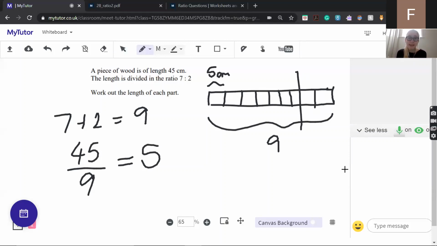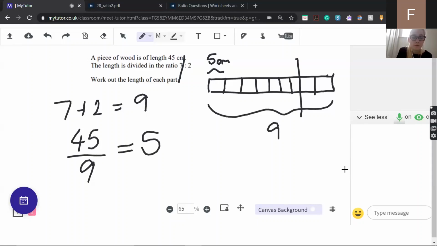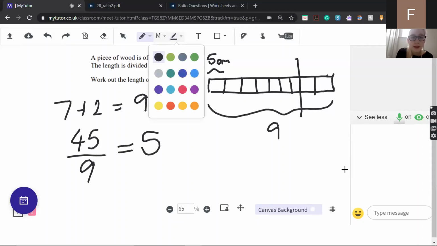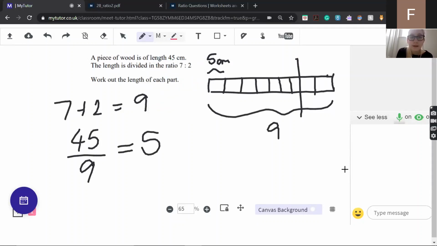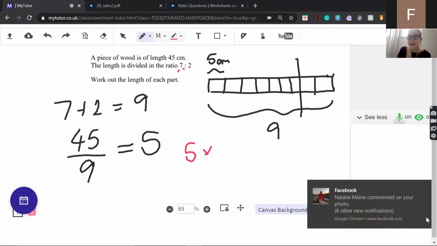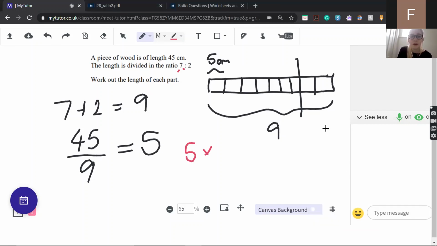So hopefully that makes sense. And then we've just got to work out the length of each part. So our first part here, the 7, this left chunk, is going to be 5 centimetres times that 7 that we've got there, which is equal to 35 centimetres.